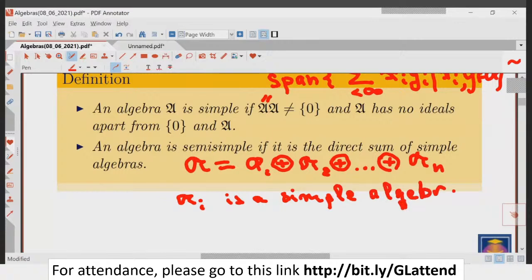So an algebra is semi-simple if it is written as a direct sum of copies of simple algebras.